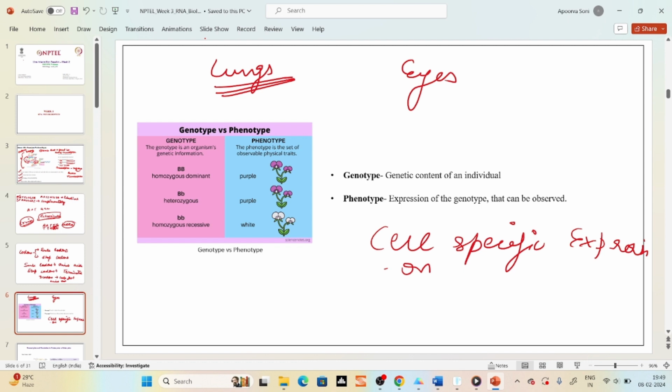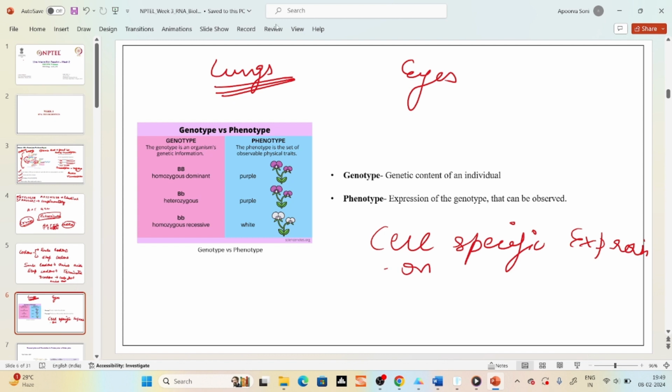They are present, but their expression is not there. So if someone has a darker or lighter skin tone, or short height, long height, or the color, any phenotypic observable characteristic, that is not only because of the presence or absence of the gene, it is more on the expression of the gene.